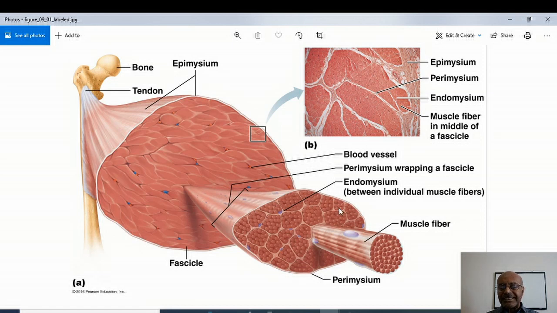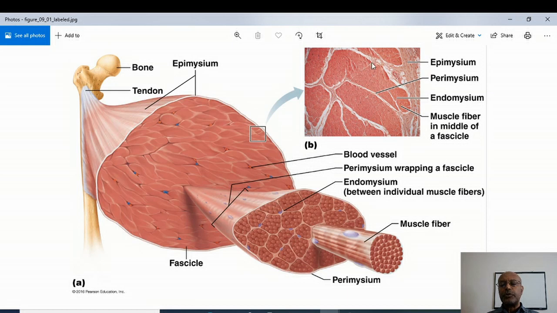Several skeletal muscle fibers are wrapped together in a group known as fascicle. They are wrapped by perimysium, and as you can see, a multitude of fascicles come together wrapped by epimysium. They make a muscle. So this is to show you the structure of a muscle.